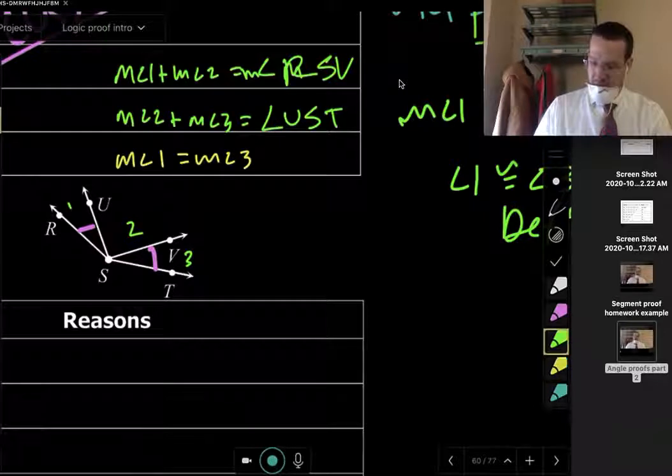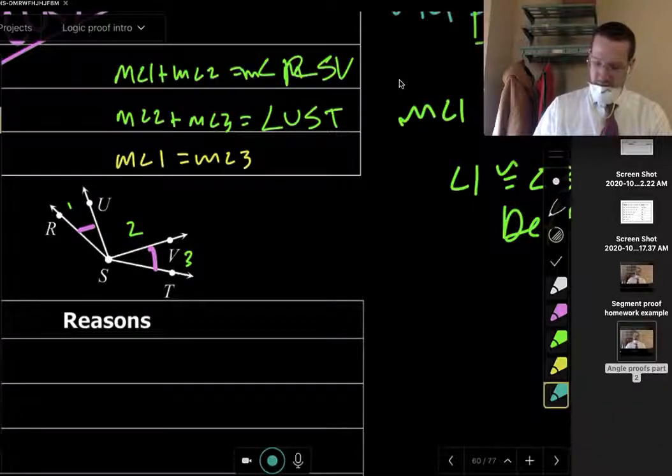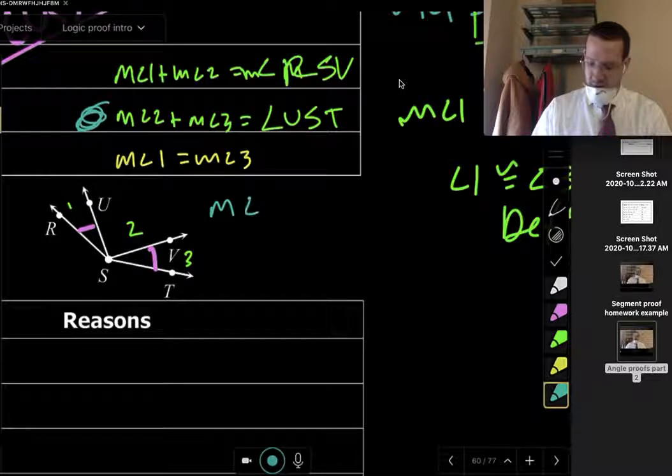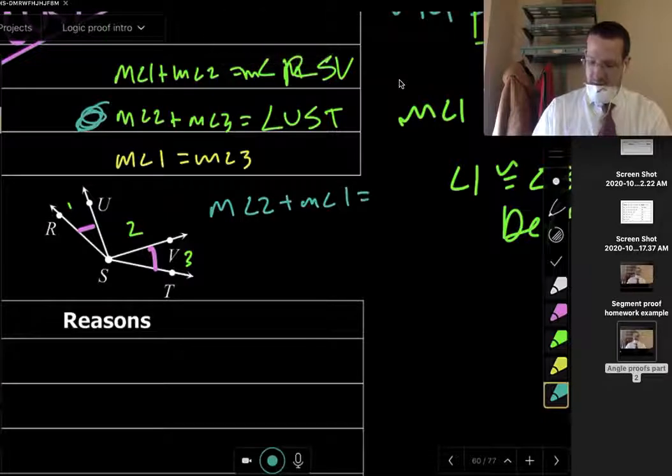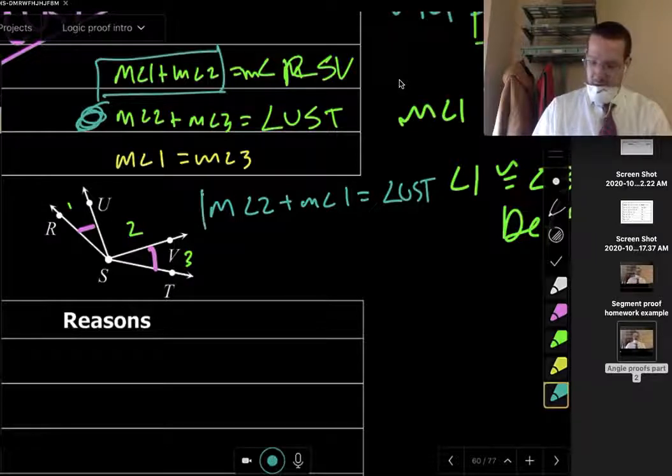So what I can do is make a substitution in one of them. I'm going to put in the second one. So the measure of angle 2 plus the measure of angle 1 is equal to UST. And notice measure of angle 1 plus 2, measure of angle 2 plus 1.